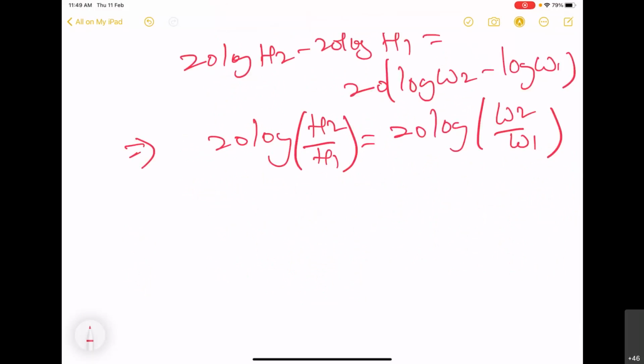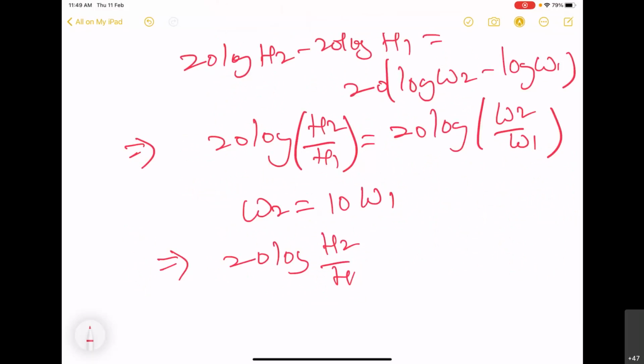Now if you take omega 2 as 10 times omega 1, whatever omega may be, this implies 20 log h2 by h1 is equal to 20 log 10, and this will be 20.